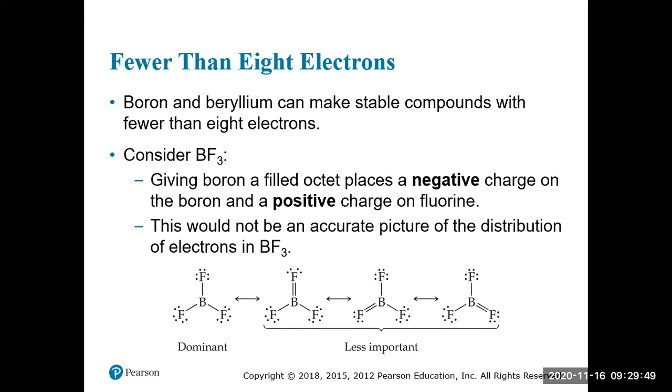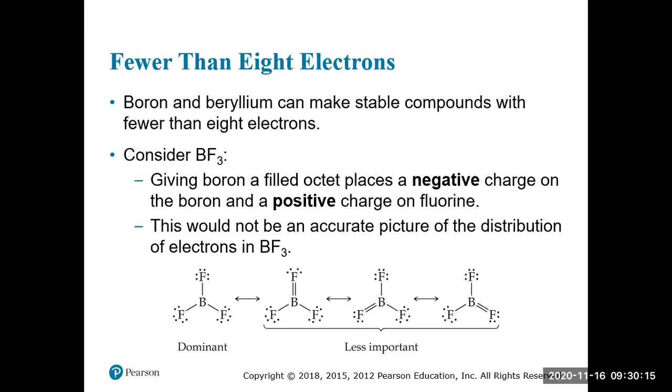We know from our electronegativity table that fluorine likes to be negative. So anything that suggests fluorine is going to have any type of positive charge, whether it's a formal charge or something else, should make us a little suspicious, because fluorine really likes to pick up electrons. It's very electronegative.